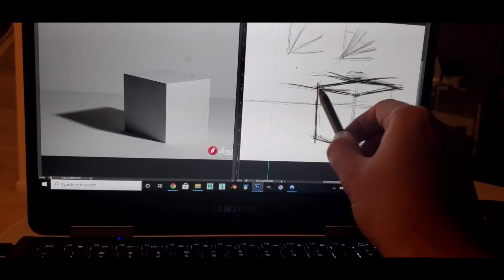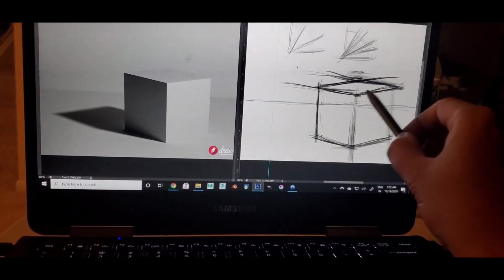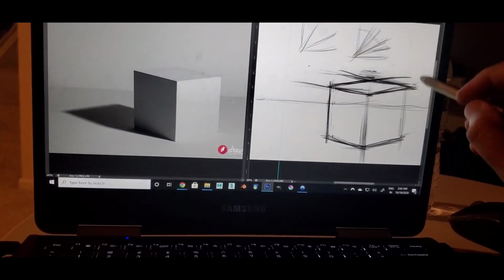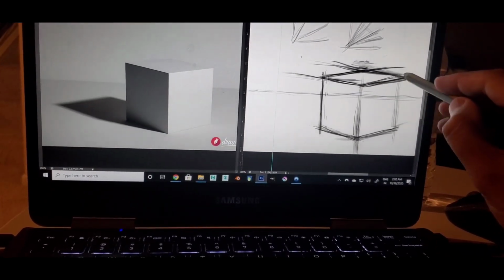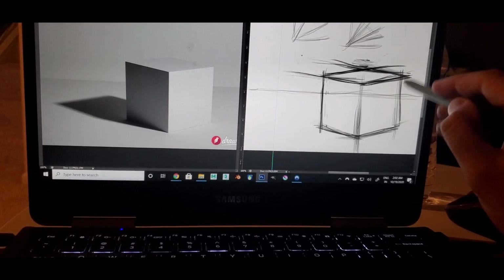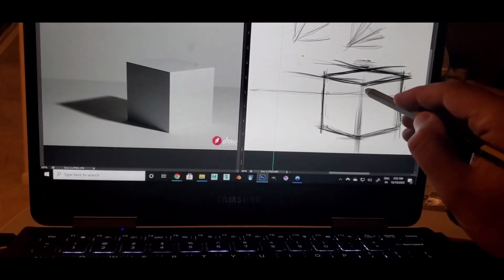Now we have a rough cube here which is very accurate.